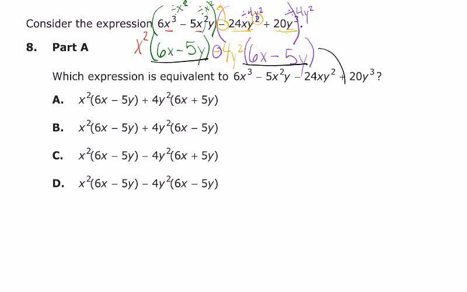So I'm going to come down here, and I'm going to put 6x minus 5y in the front, and then I'm going to put x squared minus 4y in the second set of parentheses. 4y squared, sorry. Okay.